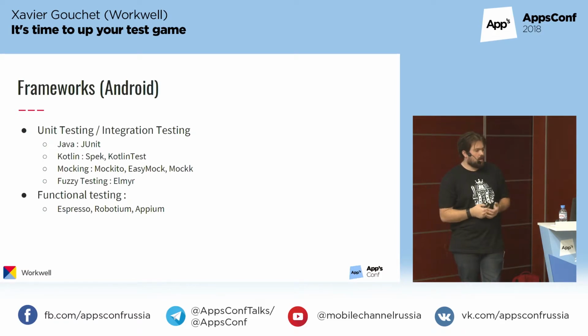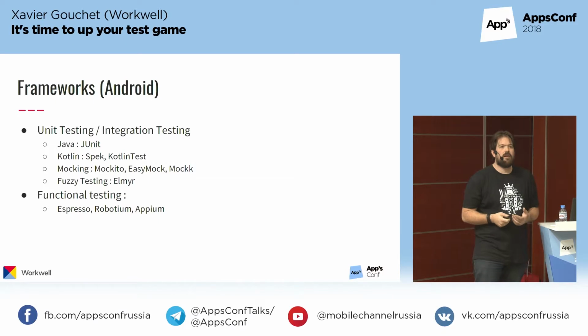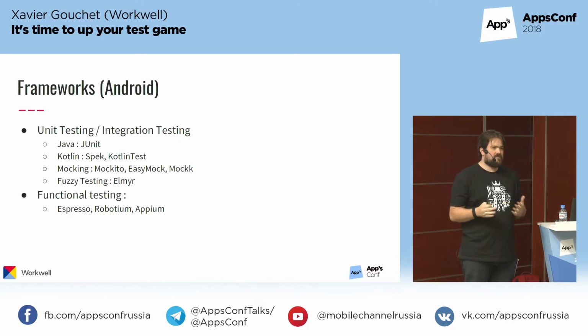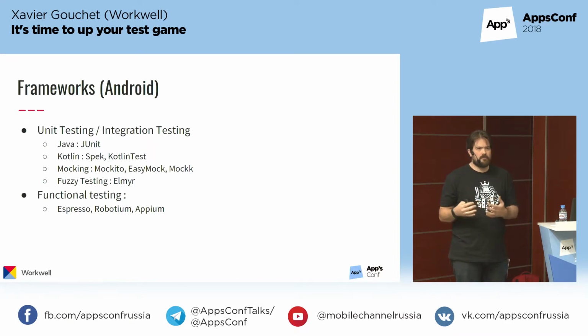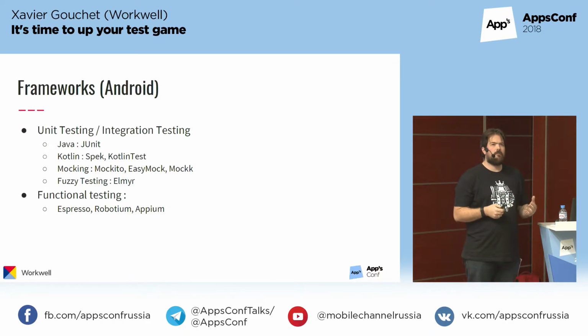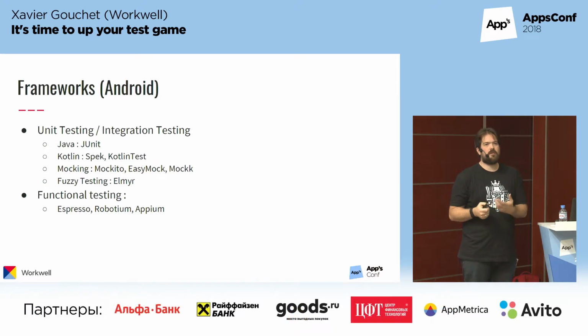For Android, you have a few frameworks that are already included. By default, you have Java JUnit. You have the Spek and Kotlin test frameworks when you're working with Kotlin, and they are quite nice to use. You have several mocking frameworks, so Mockito, EasyMock, Mockk, which is a Kotlin mock framework, and the 2 case.